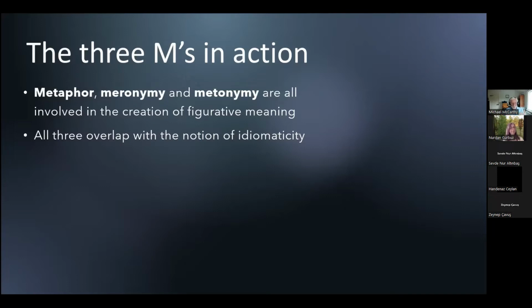So already we're seeing that things are not simple. They are not simple compartments. You cannot study these three things without looking at the whole notion of idiomaticity. What are idioms? How do they operate in the vocabulary of a language? And in the case of today, the vocabulary of English.